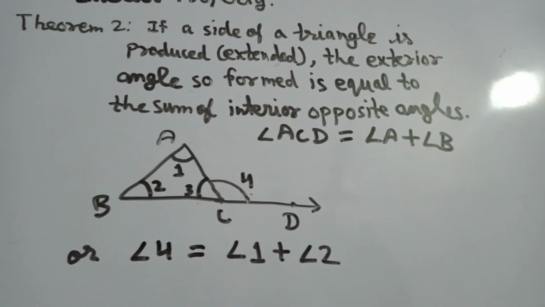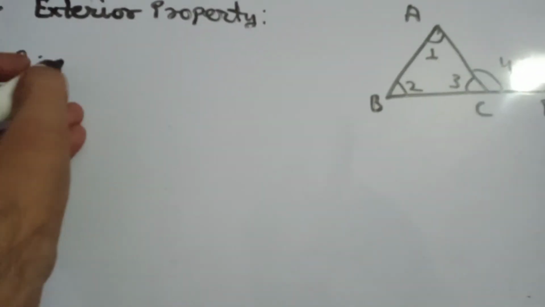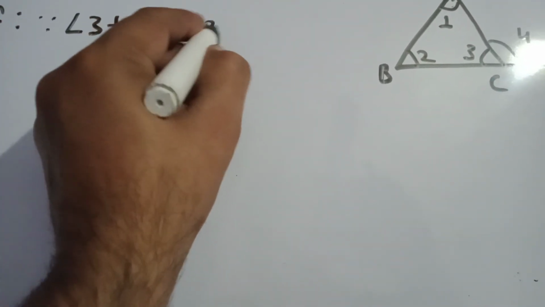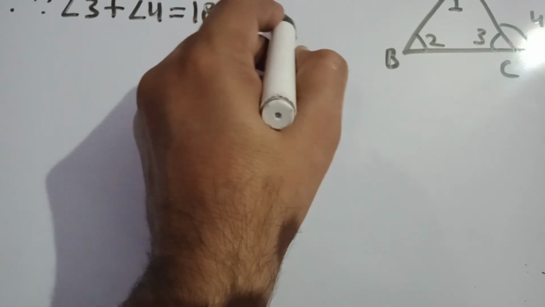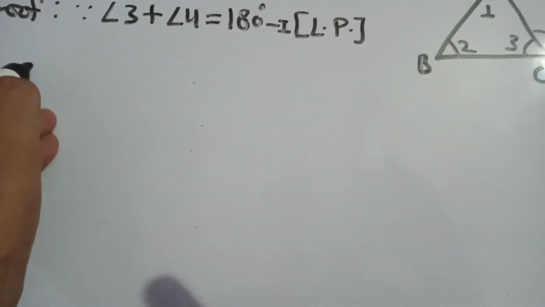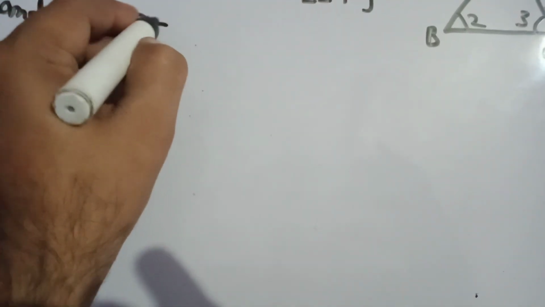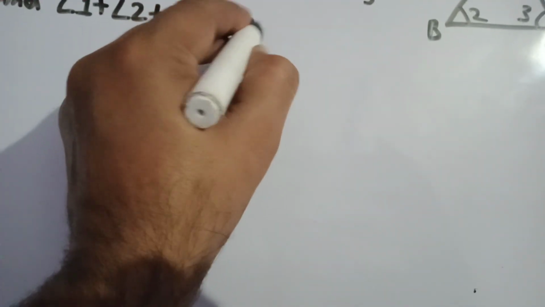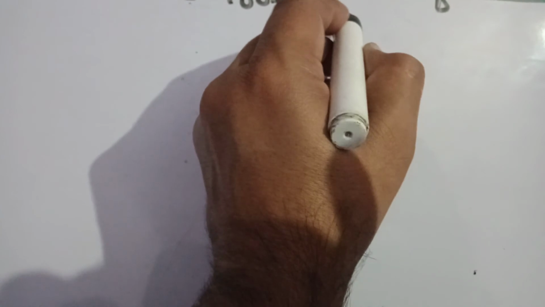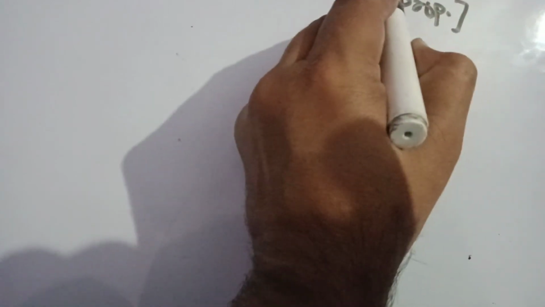Now the proof. Since we know that angle 3 plus angle 4 is equal to 180 degrees, linear pair, this is equation number 1, and angle 1 plus angle 2 plus angle 3 is equal to 180 degrees by the angle sum property.